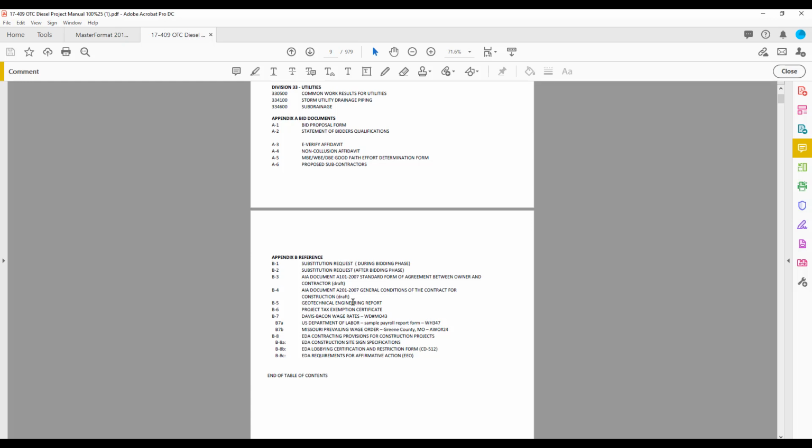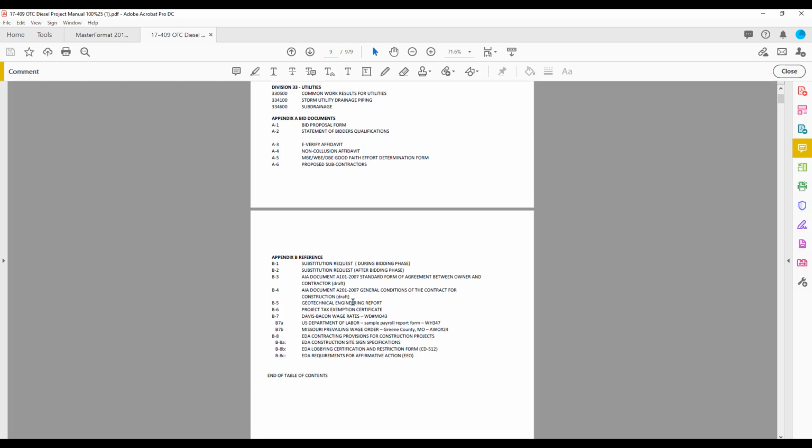There's actually a geotechnical engineering report in here. That needs to be included because how the site is analyzed can make a big difference on how you bid the project. Project tax exemption certificate, Davis-Bacon wage rates. Okay, that is the prevailing wage information.